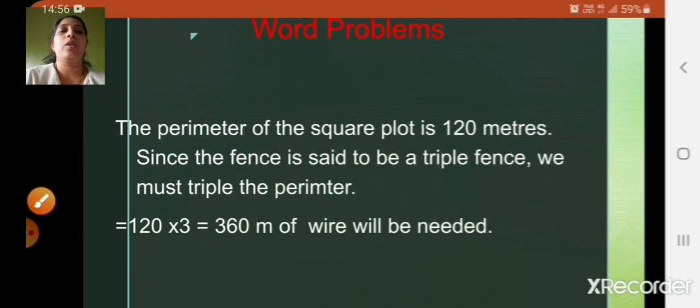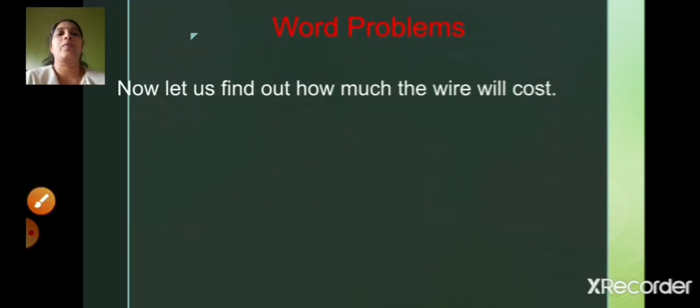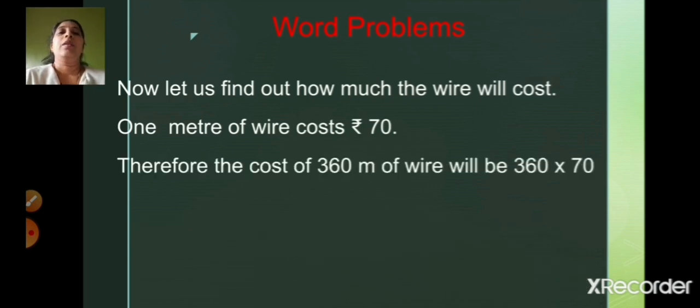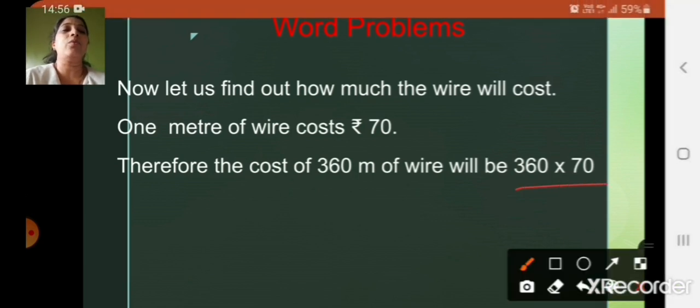Now we'll move to the third part of the question. Now let us find out how much the wire will cost. 1 meter of the wire costs rupees 70, right? It was given in the question, it is rupees 70 per meter. Rupees 70 per meter means rupees 70 for 1 meter. Then therefore the cost of 360 meter of wire will be 360 into 70.